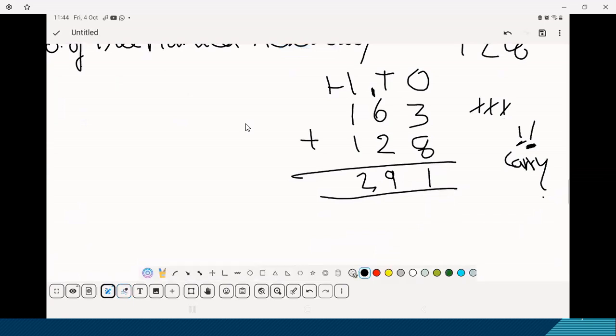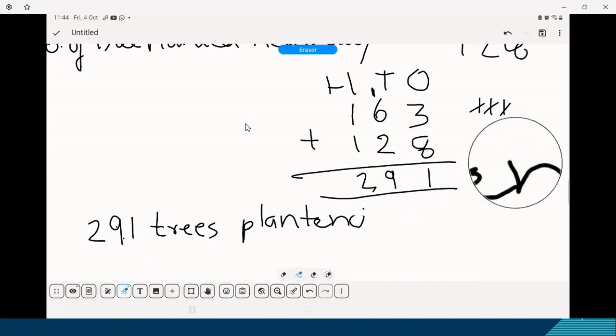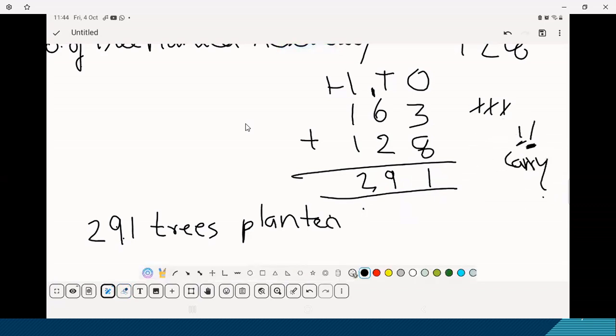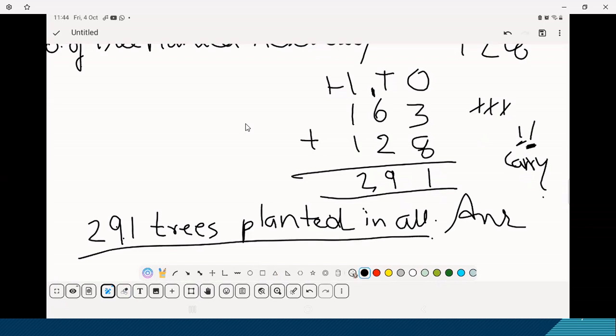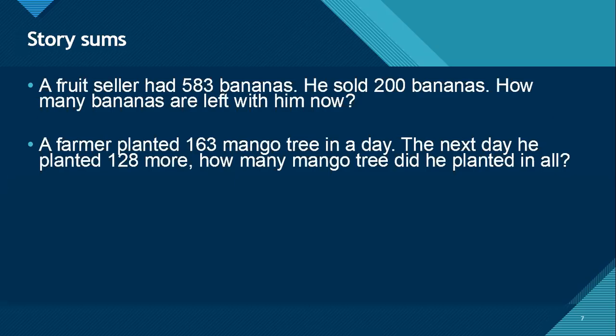Okay. 291 trees planted in all. This will be the answer. I hope there are no problems. Let's quickly move to the next story sum.